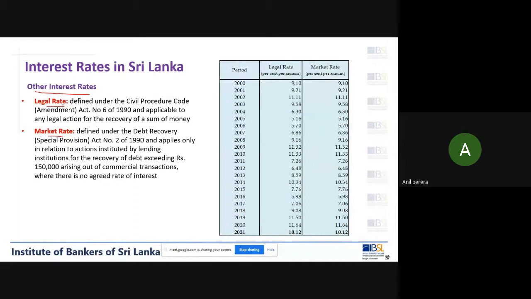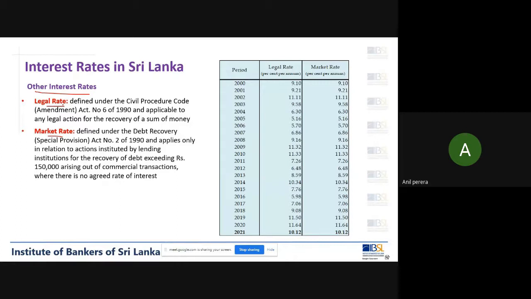If there is no specific rate mentioned in a financial contract, in the courts, the compensation is determined based on these rates. For example, if you want to pay someone, what is decided by the court will take these rates into consideration, legal rate and the market rate. By definition or by way of calculating, these two rates are the same.